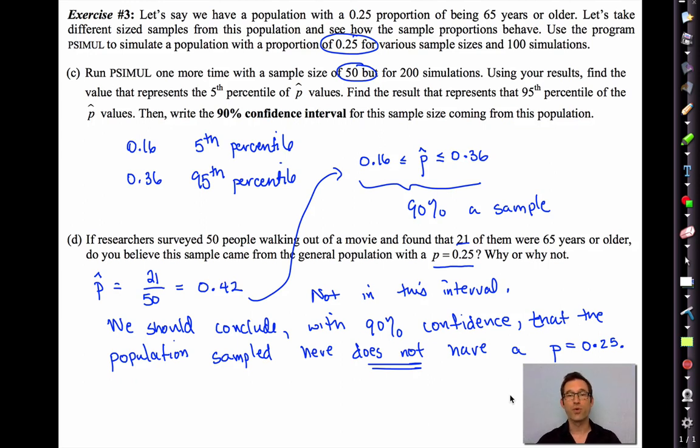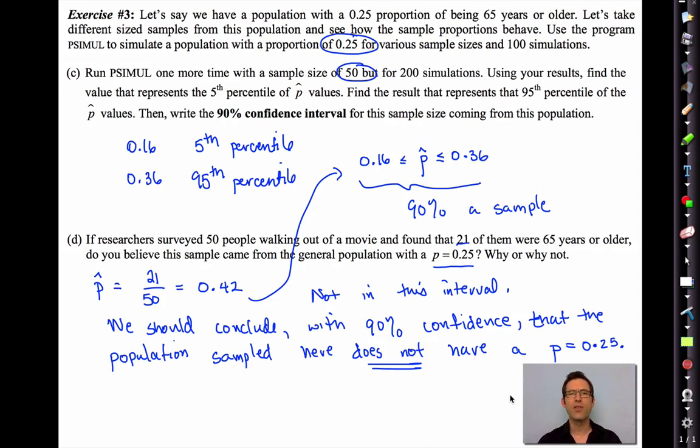We'll never say for certain what it is, but what we can say is with 90% certainty, it's not 0.25. And it's not 0.25 because that sample proportion we got was not within the 90% of the samples that we simulated. In fact, it may not have occurred at all.